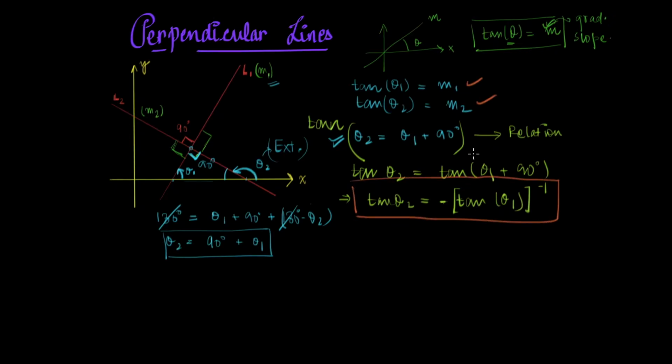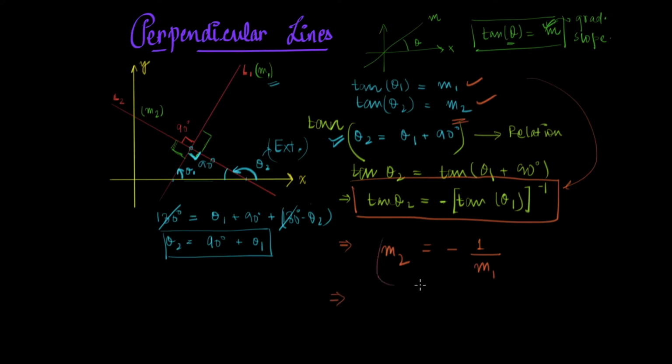Now, using the initial relation that related the tangent of theta 1 and tangent of theta 2 to the slopes, we can use both of them to express this equation in terms of m1 and m2. So tangent of theta 2 turns out to be m2, simple as that, and minus 1 upon tangent of theta 1 turns out to be minus 1 upon m1.